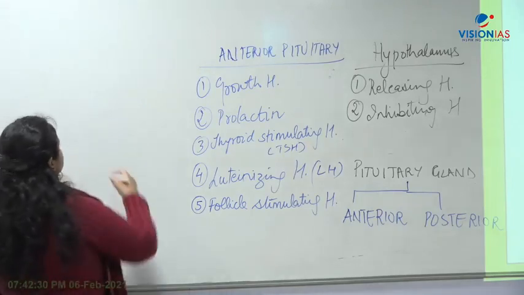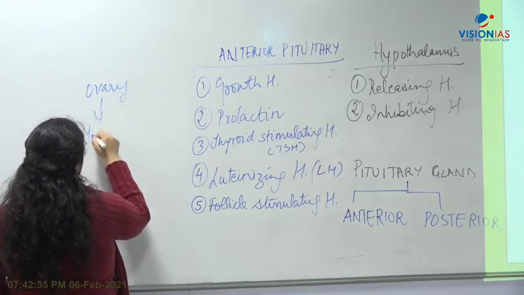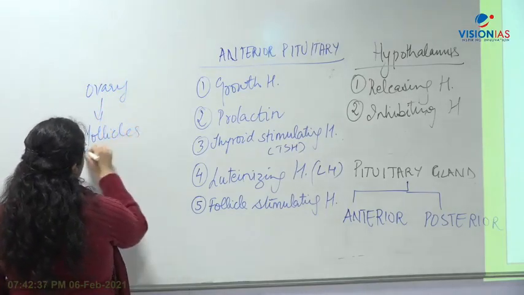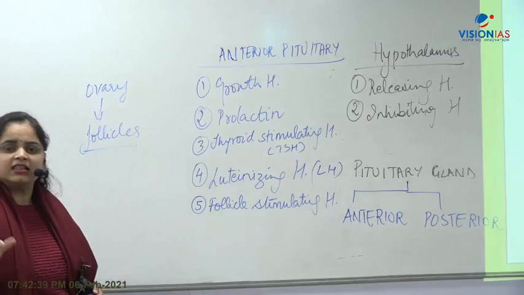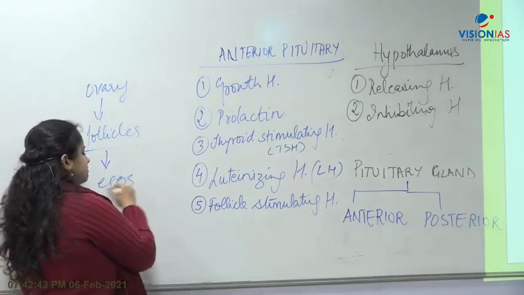So the ovary has follicles. Okay, the ovary contains follicles, and these follicles will mature and form eggs.